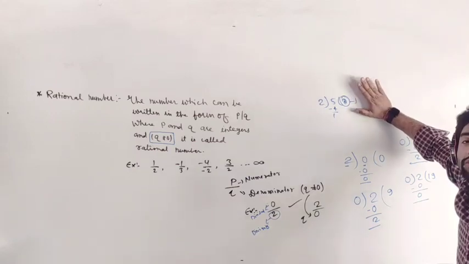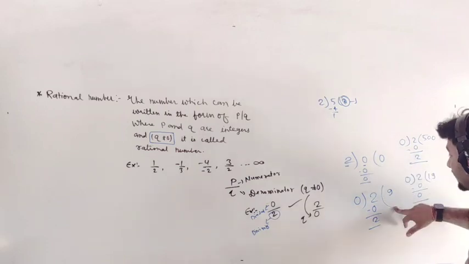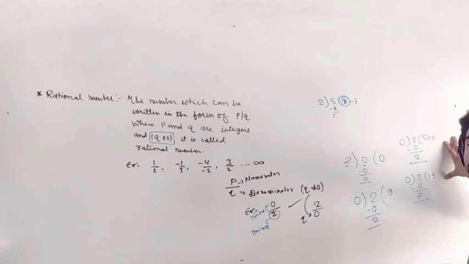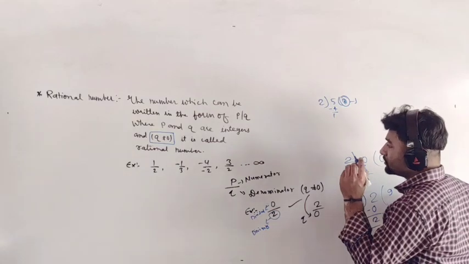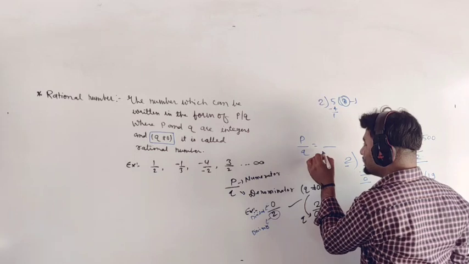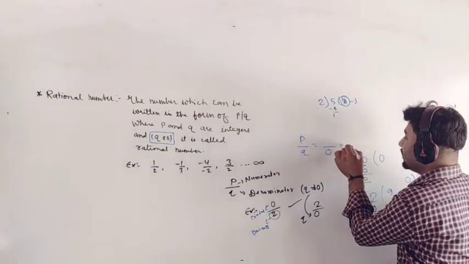Means it does not change, it's constant. Here it is also constant, but here it is not constant. Here it is not fixed. Means its numerical value, if we write q as 0, then the numerical value will not be constant.